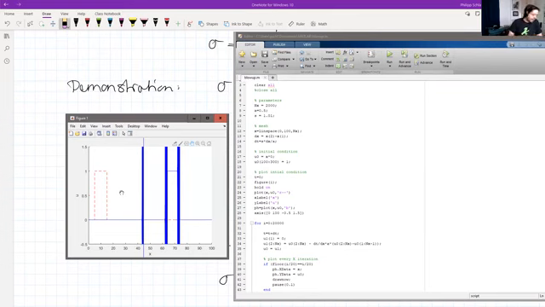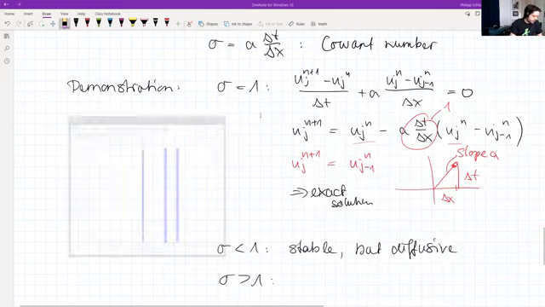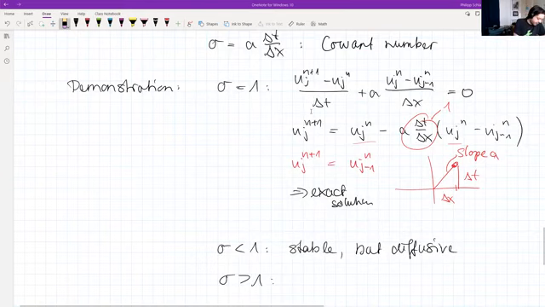up. Okay, so if I remove this from the screen, I can write down that for sigma being larger than 1, we directly get essentially a blow up.